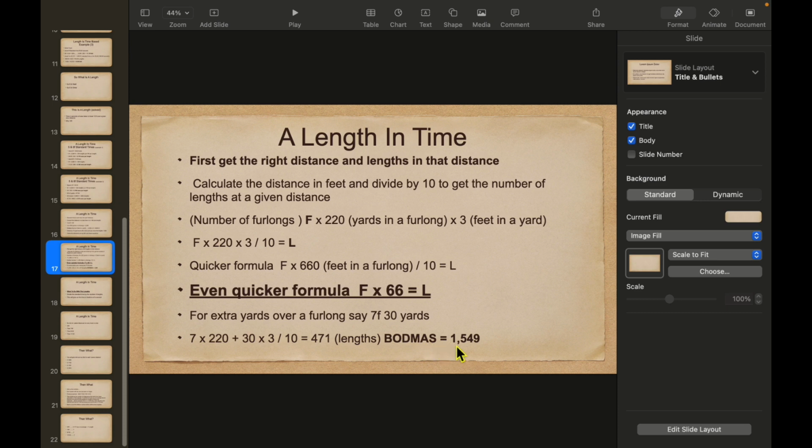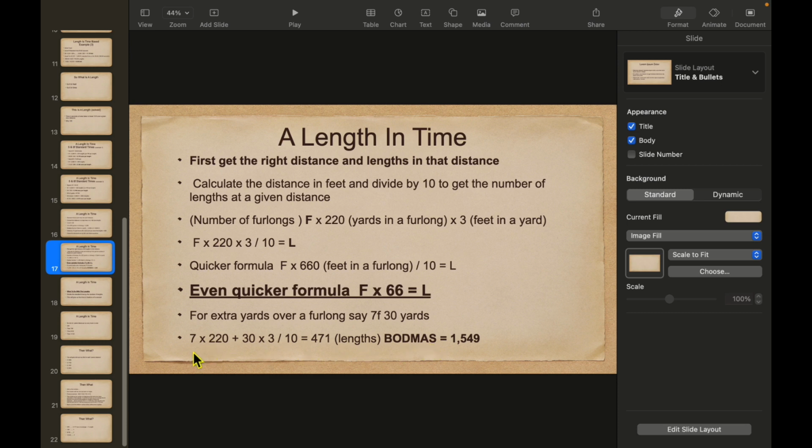But if you're using your phone or a scientific calculator or a digital calculator in most forms, it will implement BODMAS and you will get this answer, 1,549, which is incorrect, but it does use BODMAS. If you don't know what BODMAS is, you should have paid attention at school.